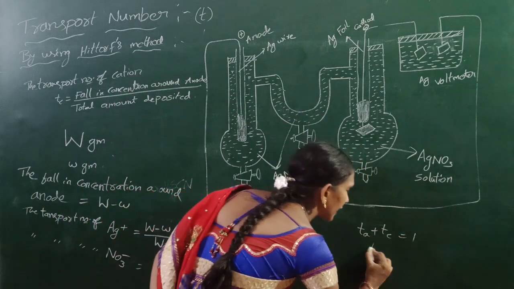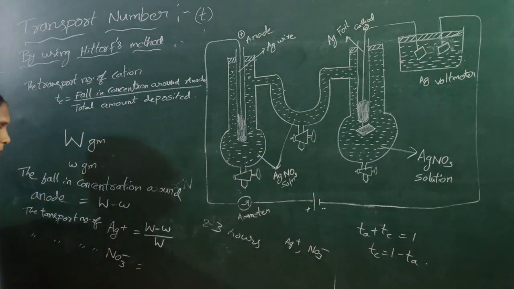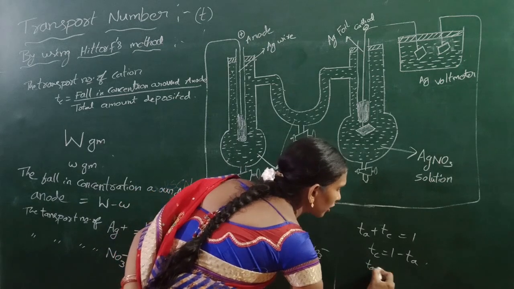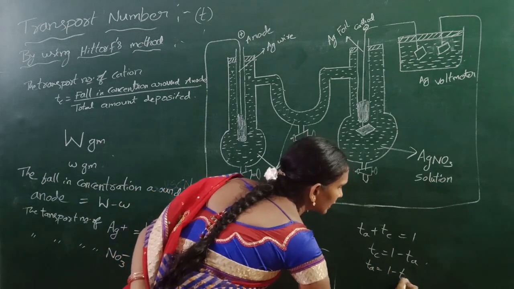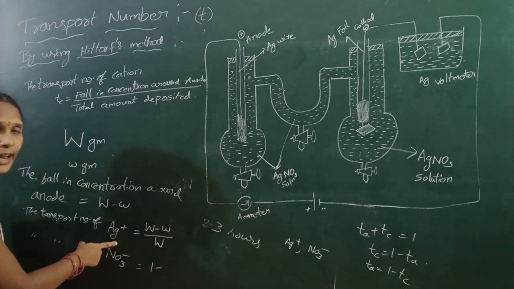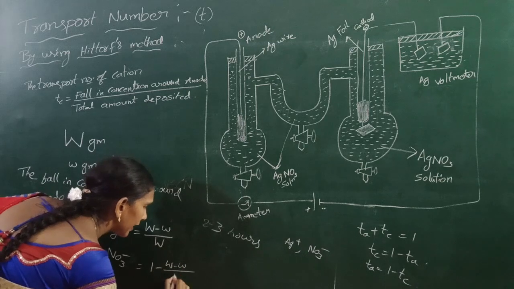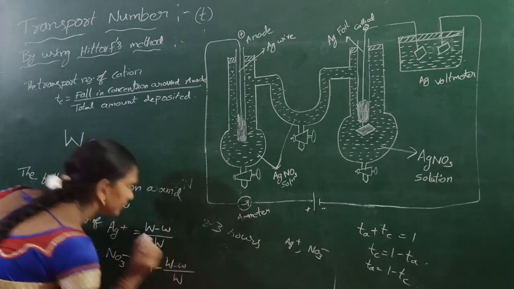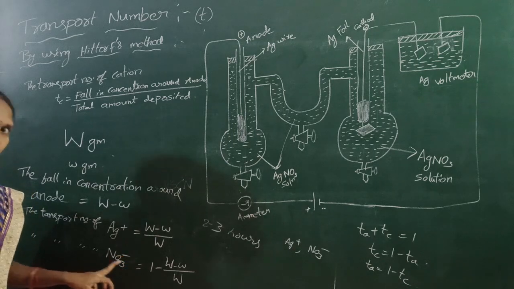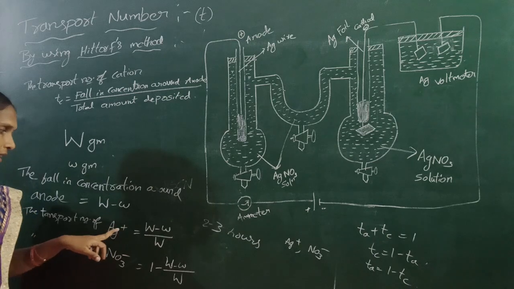That means TA is equal to 1 minus TC, and TC is the transport number of cation. So capital W minus small w by capital W is the transport number of cation, that is Ag plus, and the remainder, 1 minus that, is the transport number of anion, that is NO3 minus.